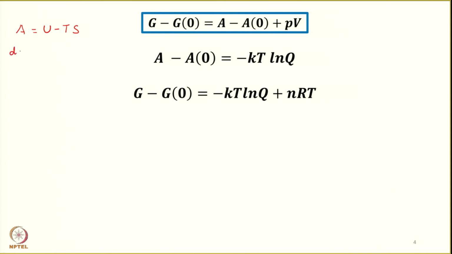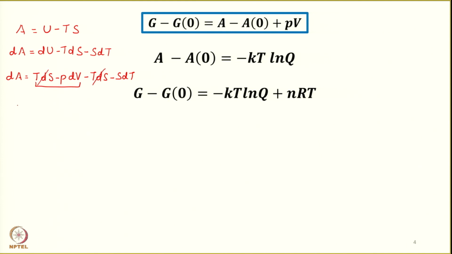So I have dA is equal to dU minus TdS minus SdT, or dA is equal to TdS minus PdV minus TdS minus SdT. This TdS minus PdV comes from dU.